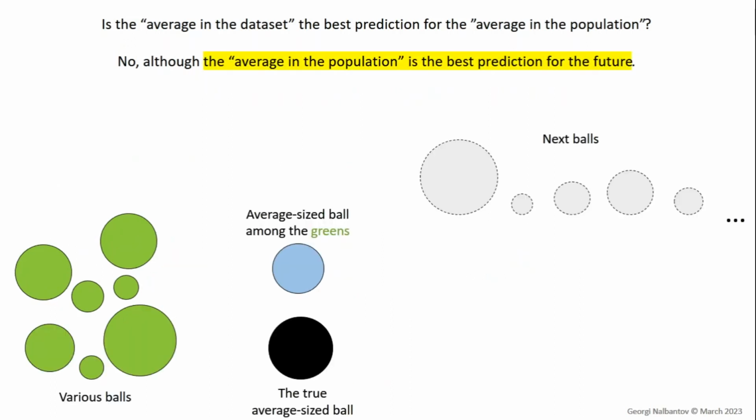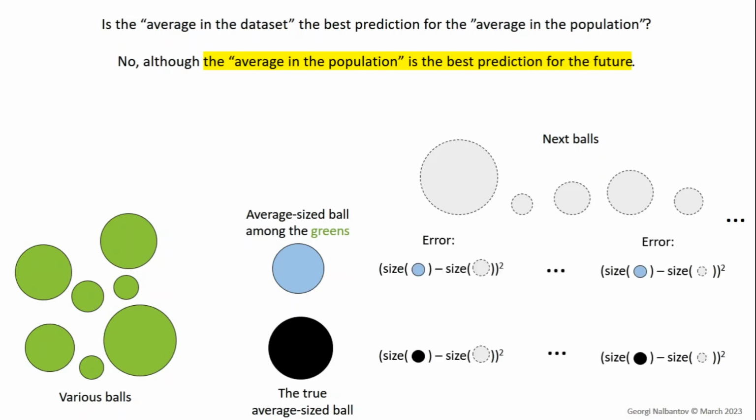So if this black one is the true average of the green balls, it will have the smallest error, and the error we count as the size of our prediction minus the size of the next ball squared, and so on. So we have this for all test balls, and we have the average squared error.